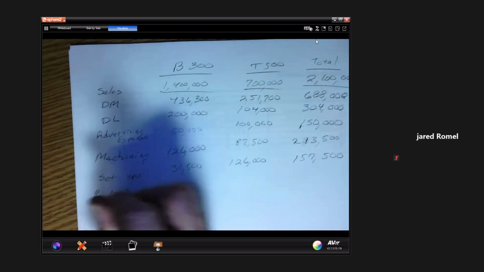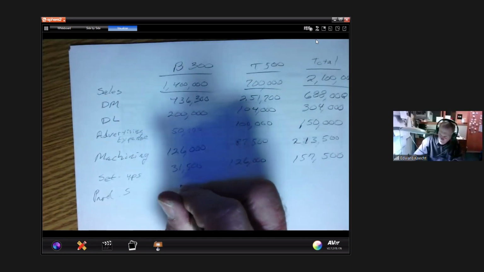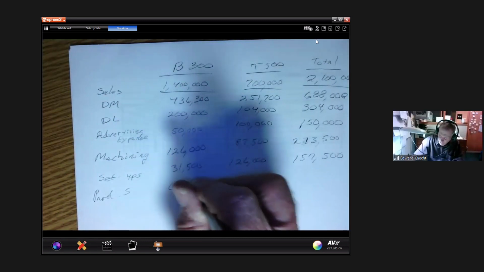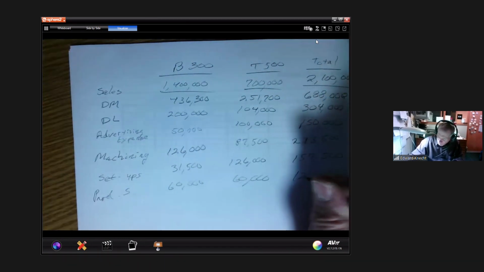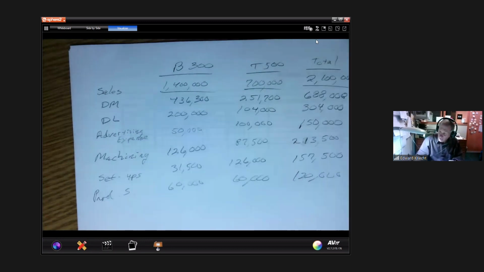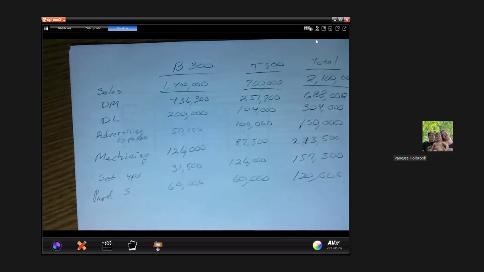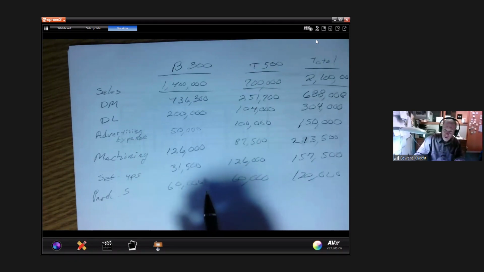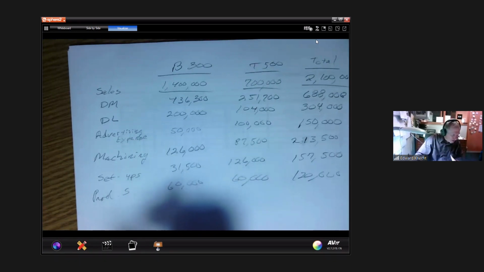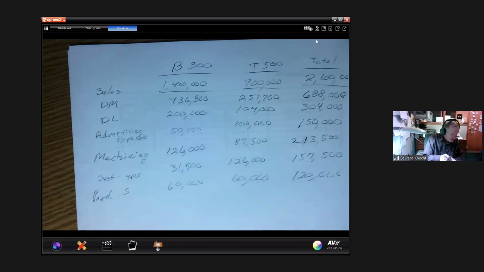That's going to split in half, right? It's $120,000 in total, so each product line gets 60,000. And that's for product sustaining.